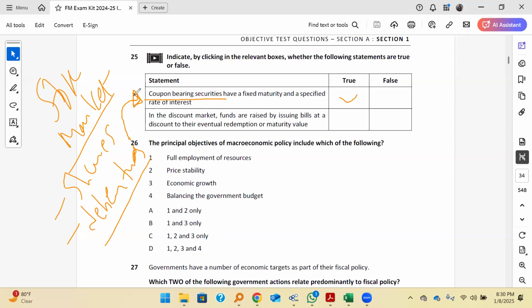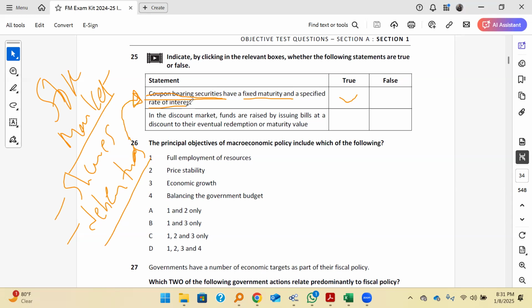So a coupon in this case is how much interest you'll be earning on that security for a given period. So they will have a fixed maturity and a specified rate of interest. They can tell you that this is an interest rate of 4%, and you're going to earn it for 5 years. So that is true.